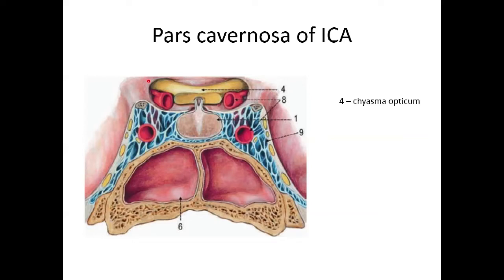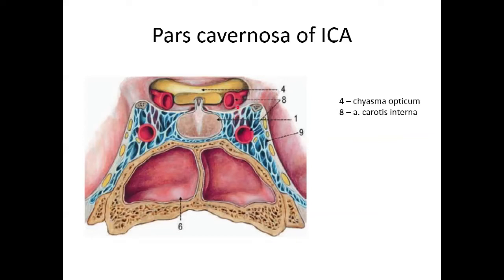Chiasma opticum is the place where the left and right optic nerves mix, they contact with each other and partially change the direction of the fibers from one eyeball to another part of the brain.